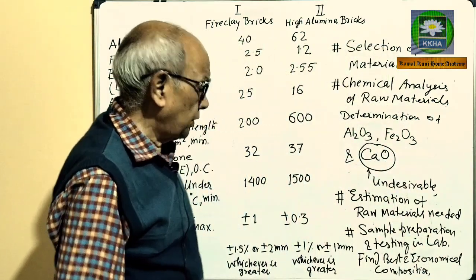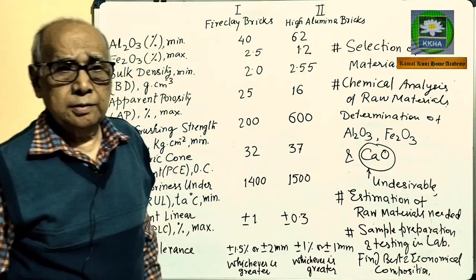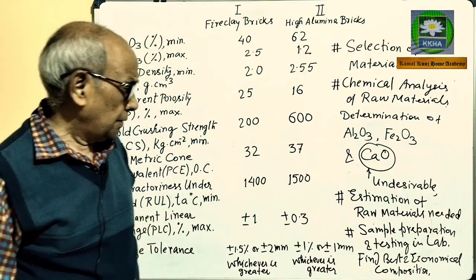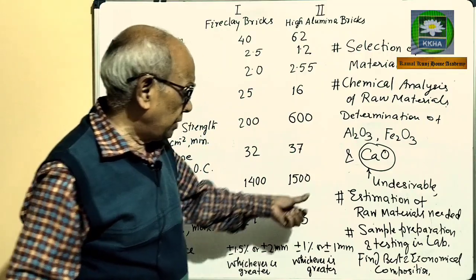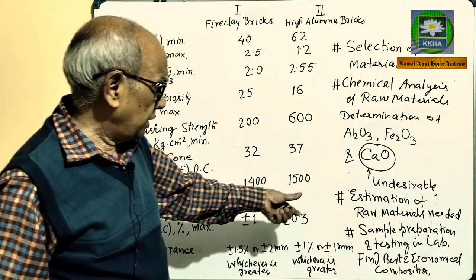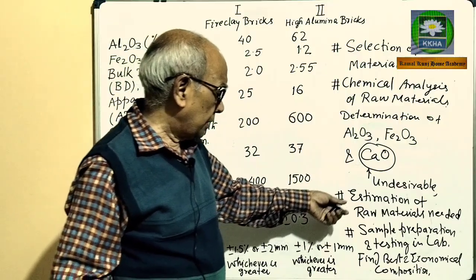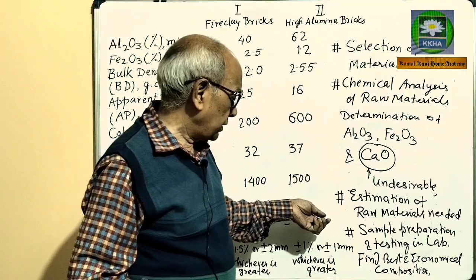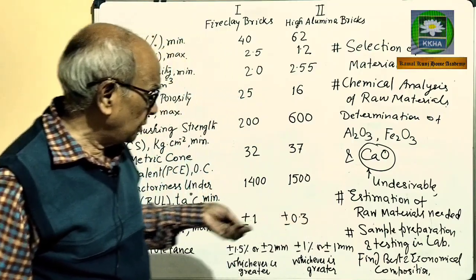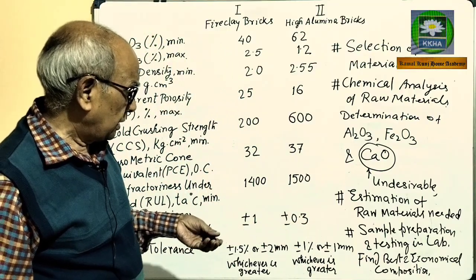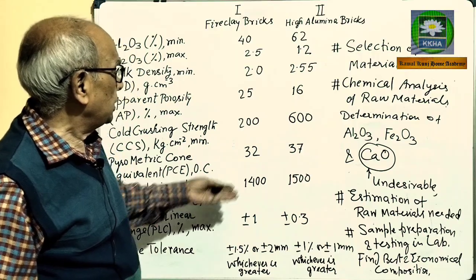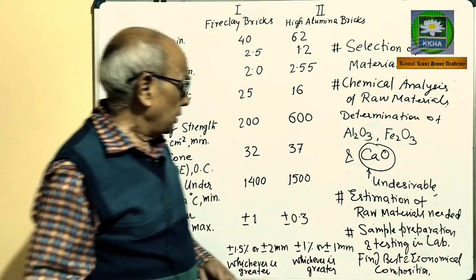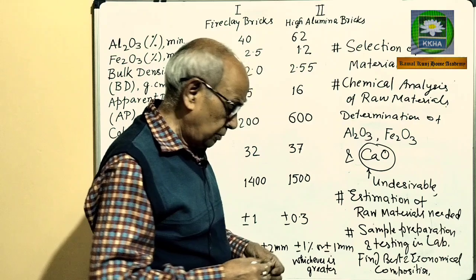And with that composition, we go for production on plant scale. First, you develop the material in the lab, develop the composition for both, and then go for the best or also economical composition for these bricks. Now, how to estimate the raw materials?